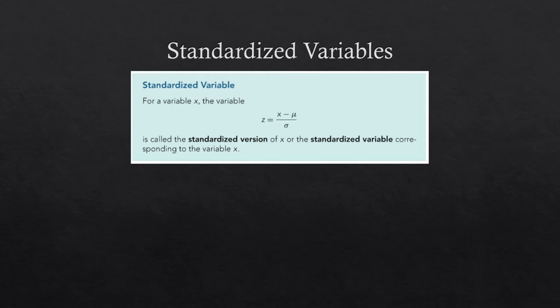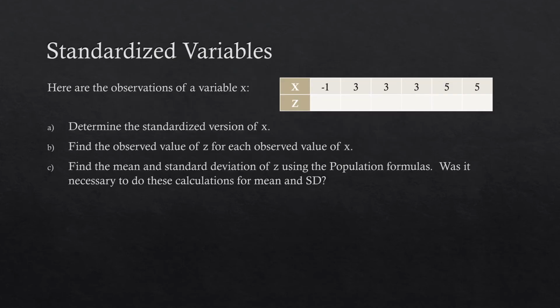Once we've transformed everything to z-scores, we can actually do some comparison, because now instead of comparing two different things, we're comparing the same thing. So that's the whole point of using the standardized variable, so that we're comparing the same thing.